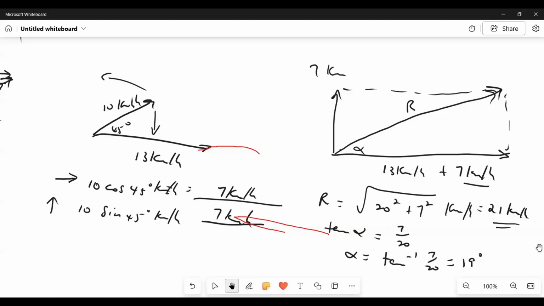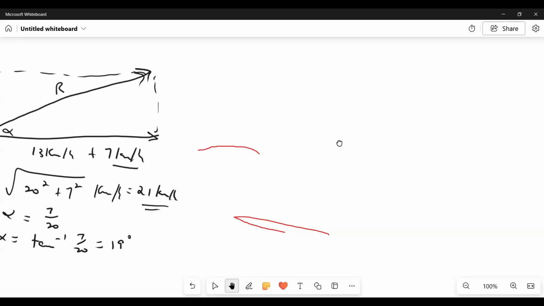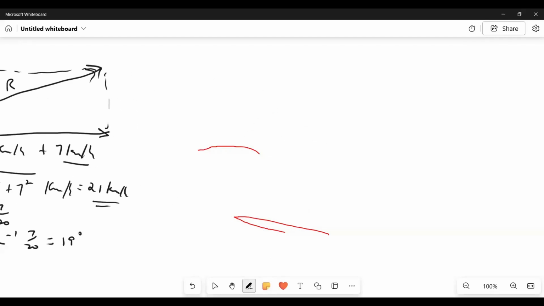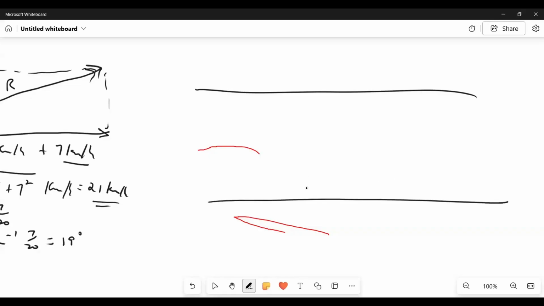So basically, let me go back to our drawing. So our ship, if the man heads the ship, as we said, he heads the ship this way, right? He makes what, 45 degrees, we said?